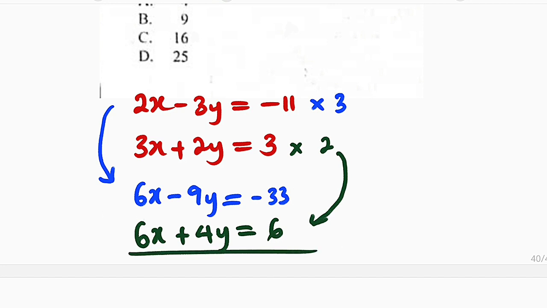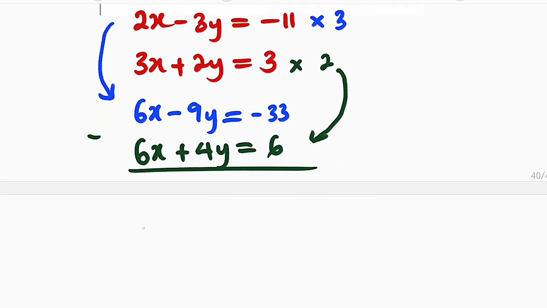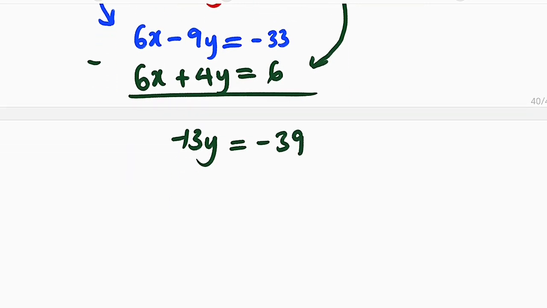So what do we do? We subtract. 6x minus 6x is 0. Then negative 9y minus 4y will give us negative 13y, and this is equal to this minus this, which will give us negative 39. If you divide both sides by negative 13, y will be equal to positive 3.